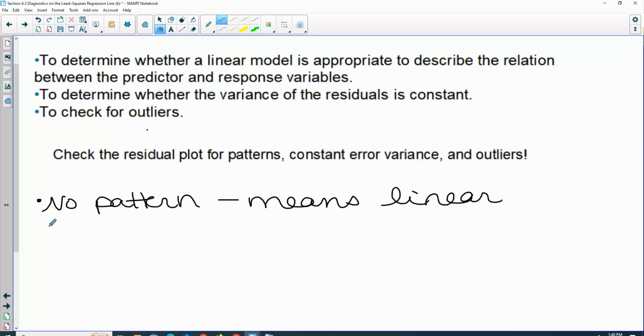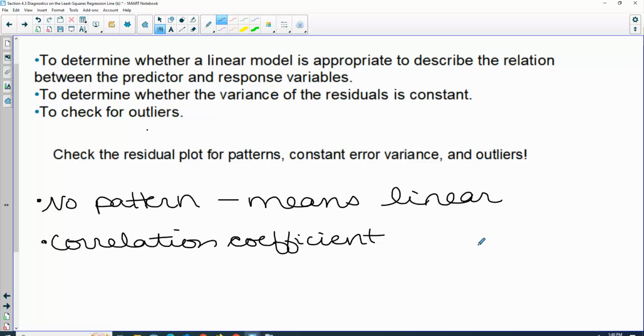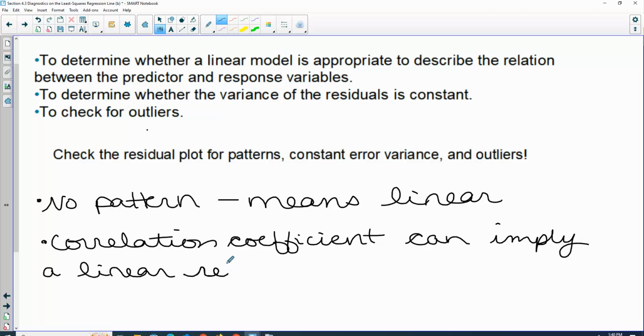The reason we have to look at that, the correlation coefficient, remember that tells us how close to being linear it is. There are situations where it can imply there's a linear relationship when it's really not.